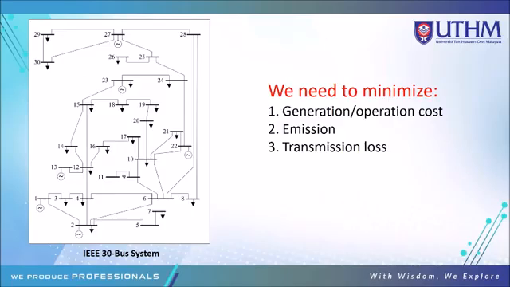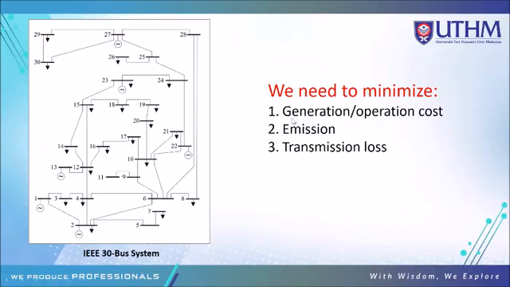For example, we have coal, natural gas, biomass, PV, hydro, and so on. Every generator has its own cost characteristic. So the question is, in order to deliver power from the generation side to the customer, to our residential, to our university, to our building, or to our factory, we need to minimize the cost.